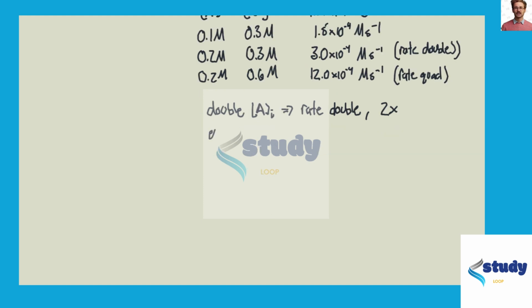And when we double B initial, the rate quadruples, or 4x. So what is the rate law of this reaction expressed as a function of reaction concentrations?